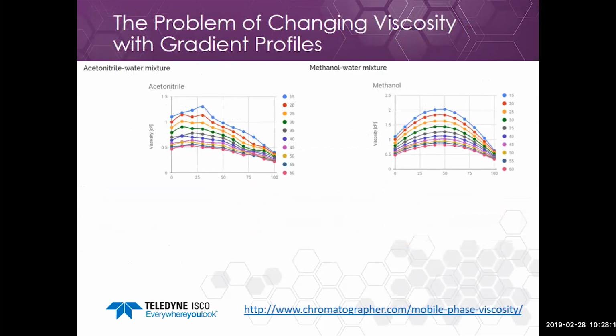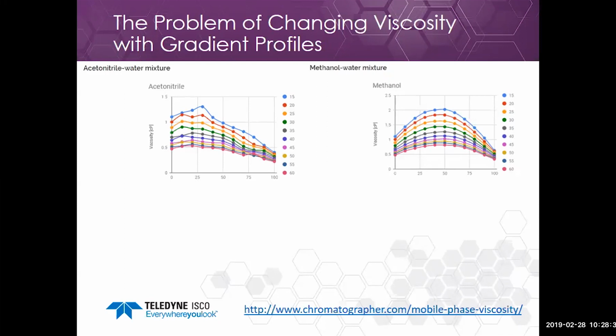So we'll discuss one other problem that we observed using the prep HPLC, and that's the difference in the viscosity across the gradient profile for different solutions. Most of our reverse phase mobile phase systems are acetonitrile water or methanol water.